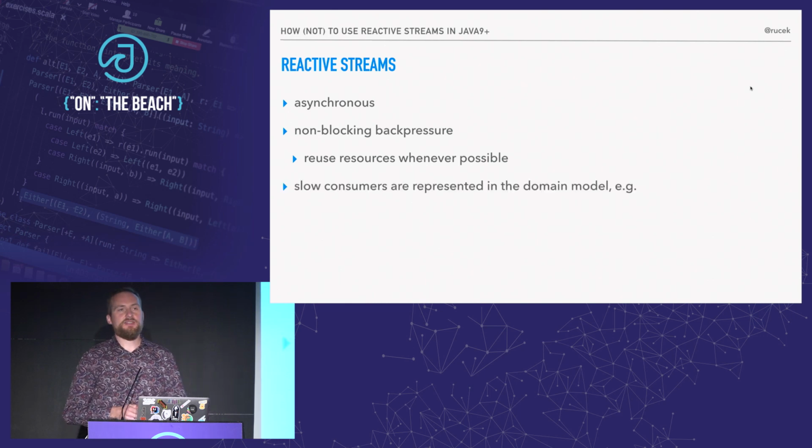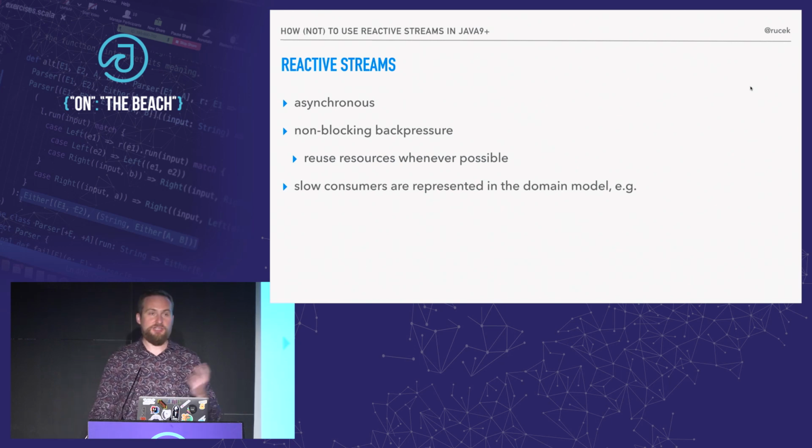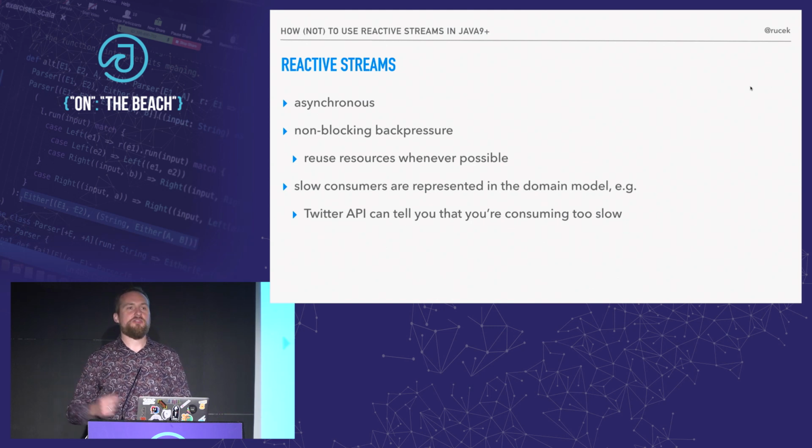The other important thing about reactive streams is that the fact that the consumer can be slow is somehow represented in the domain model. So I have two examples for that. The first one is the Twitter API. Twitter has a couple of APIs, but there is one that is supposed to be used when you want to stream all the tweets, or filtered by a hashtag, whatever.